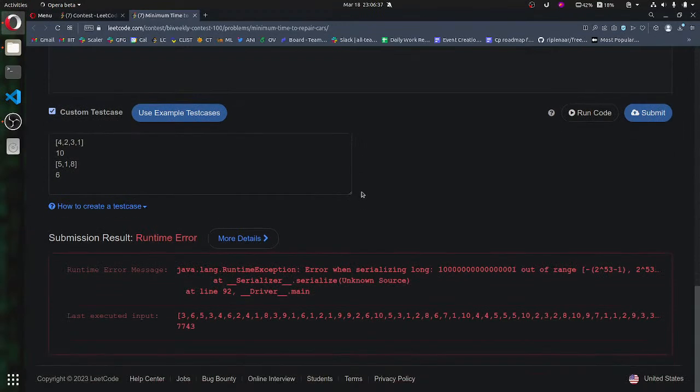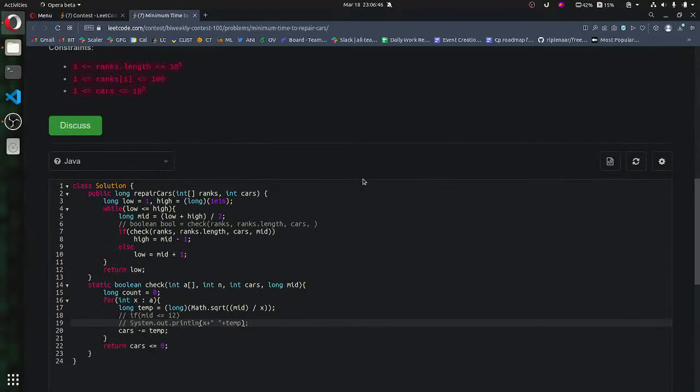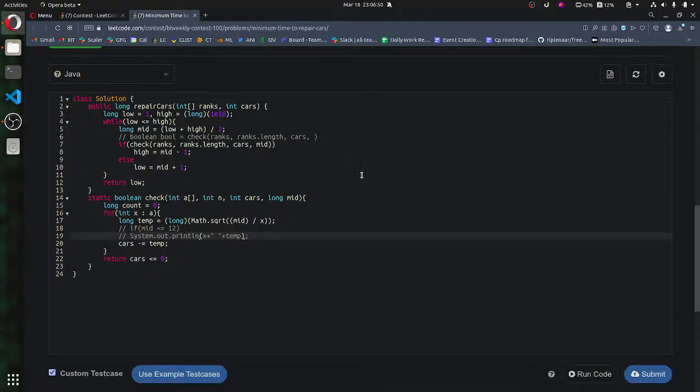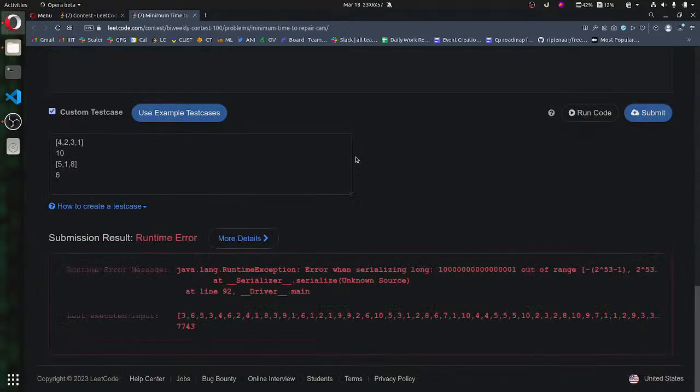Okay, runtime error. This is some local limit plus 1 and out of range to power 53.